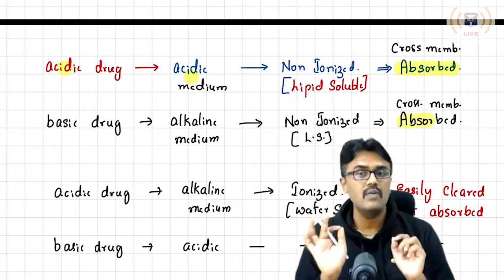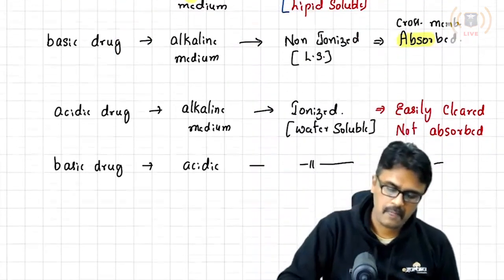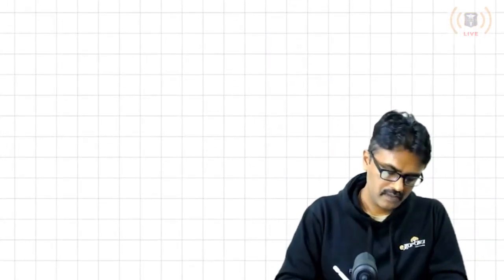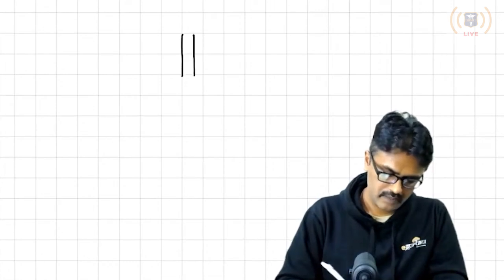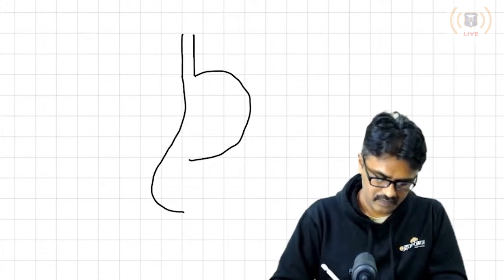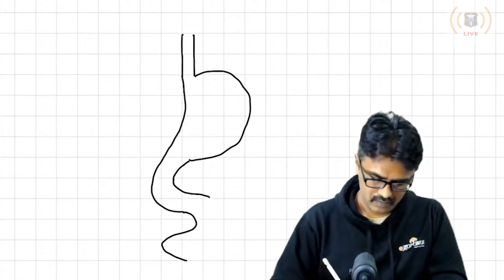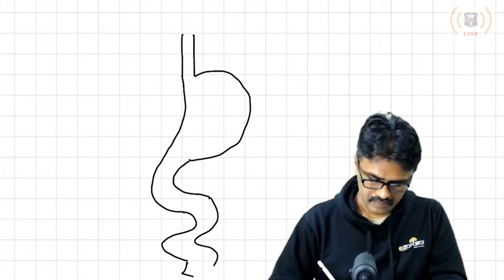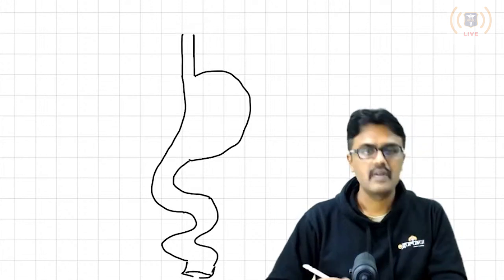Now I will tell you why you need to understand this, and you will answer this question. Now this is the esophagus. This is the stomach. And this is the intestine. Clear?